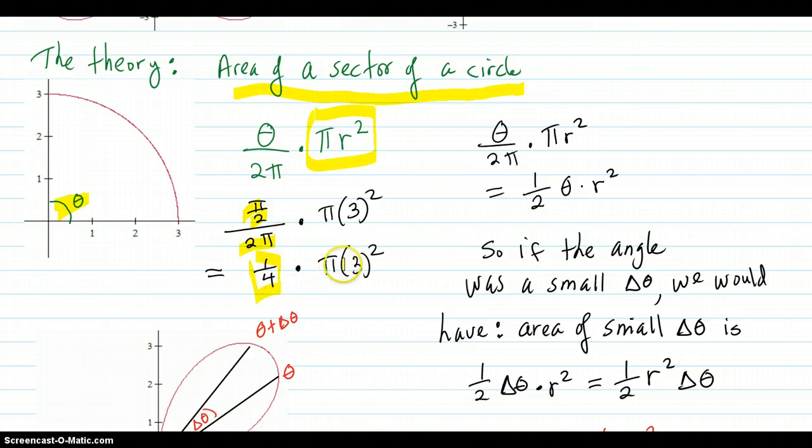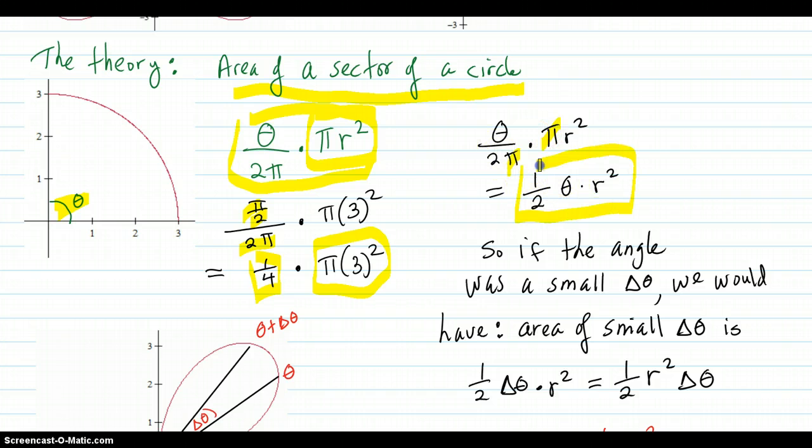You'd get 1/4 of the area of the circle, and you can see that's the first quadrant. So this is your formula here, and how that relates to what we're doing is we would cancel out those pi's, and have 1/2 theta r squared as the area of a theta sector.